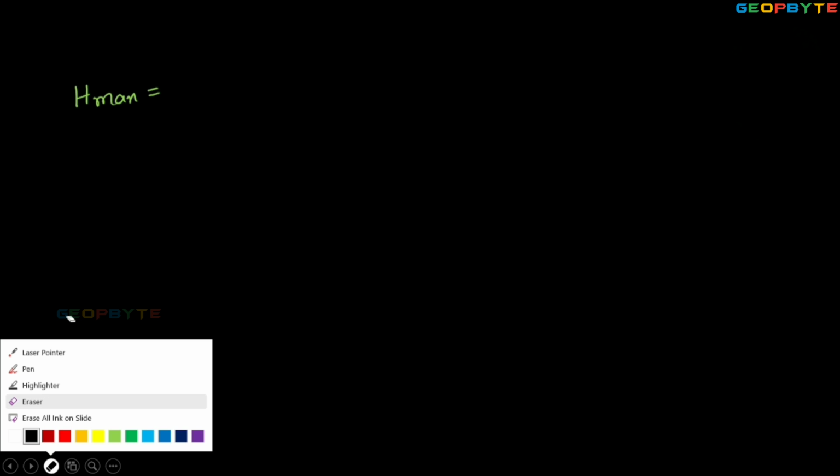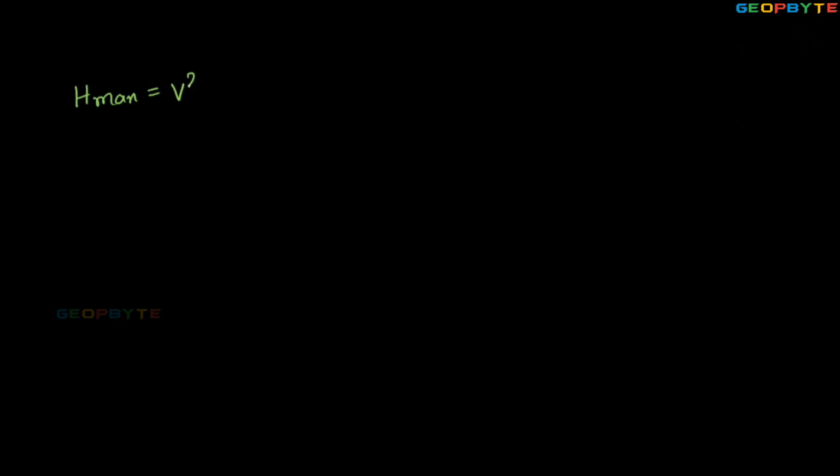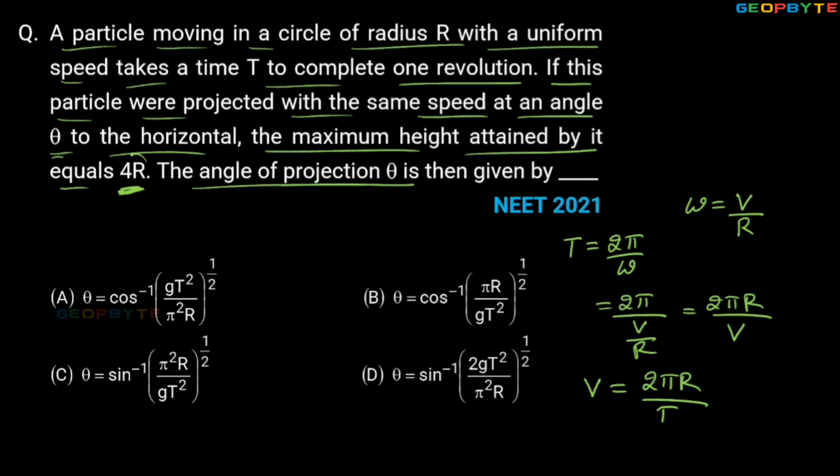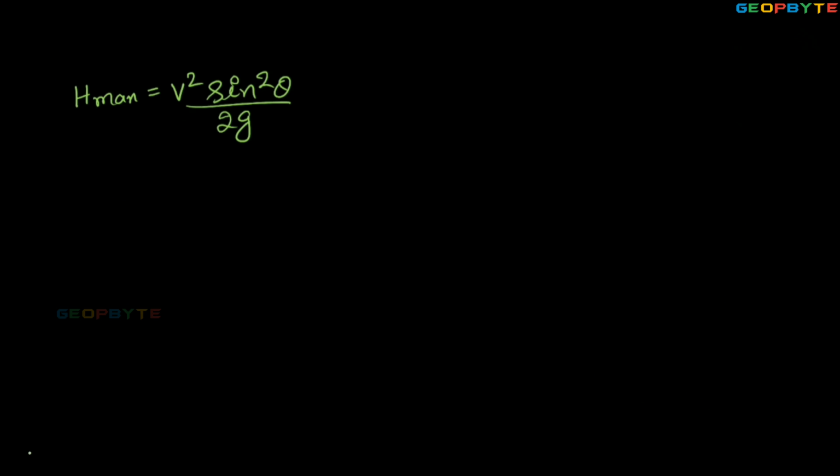Very easy problem. You know, the maximum height h max equals u square, and in place of u, better to write v square sine square theta by 2g. That is the maximum height attained.